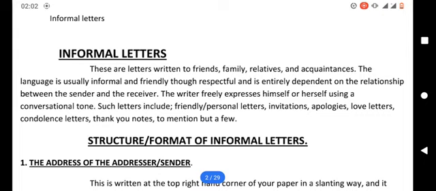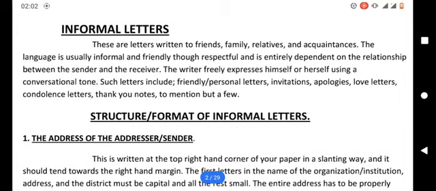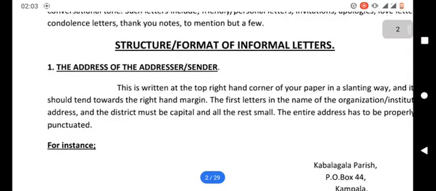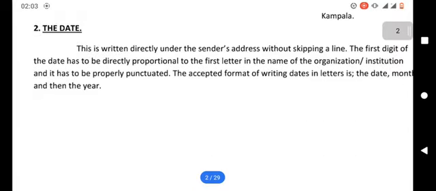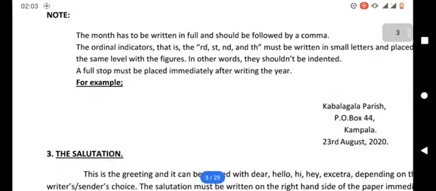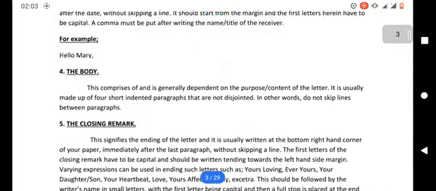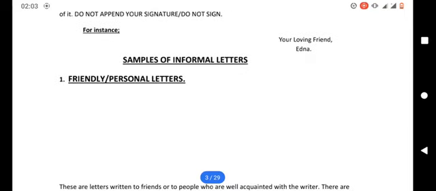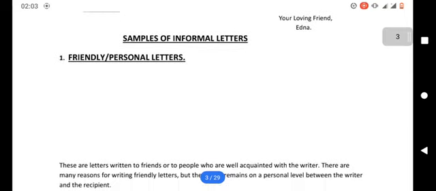As I was talking about examples of informal letters, I said they include what we call friendly or personal letters, invitations, apologies, love letters, condolence, etc. So one thing I'm going to do here is to show you one informal letter that has got all the things that we looked at last time.